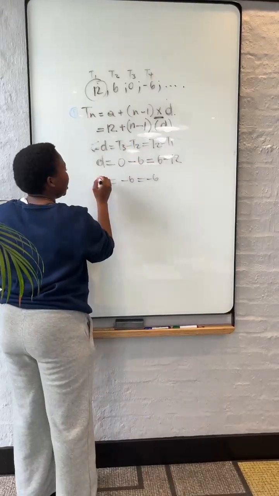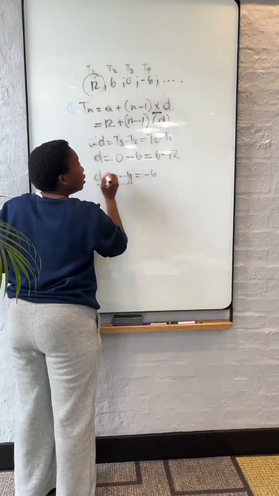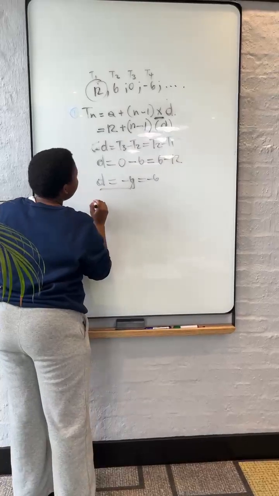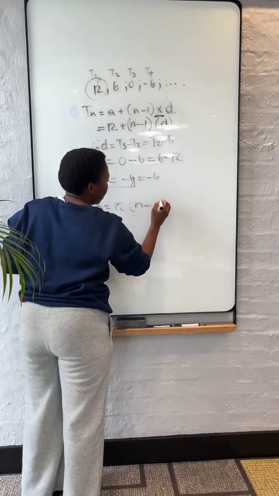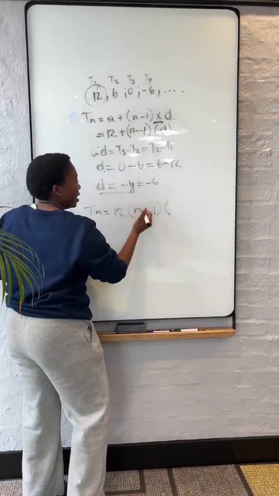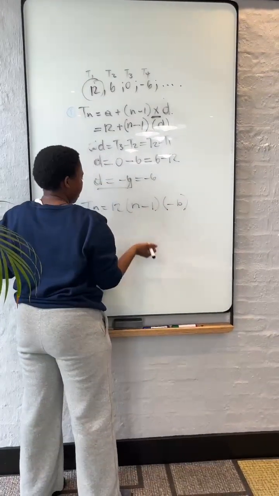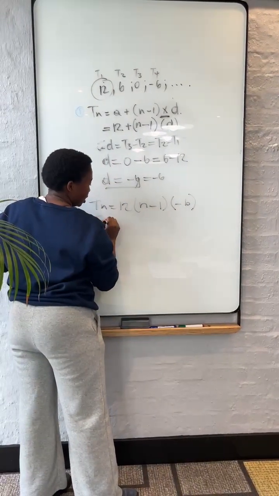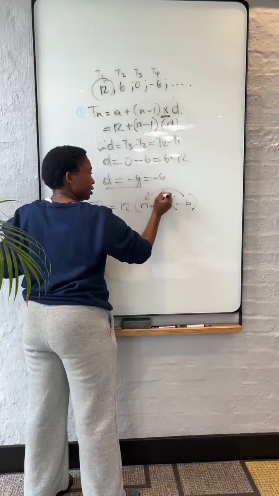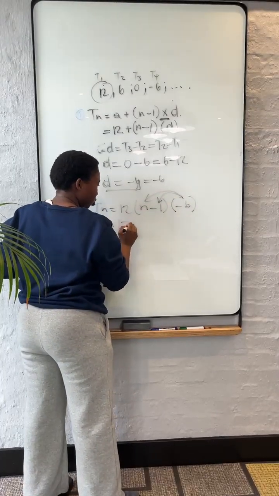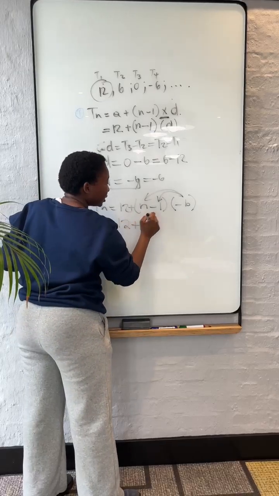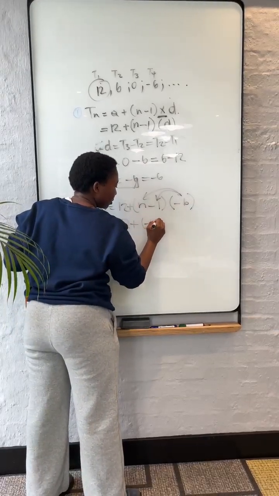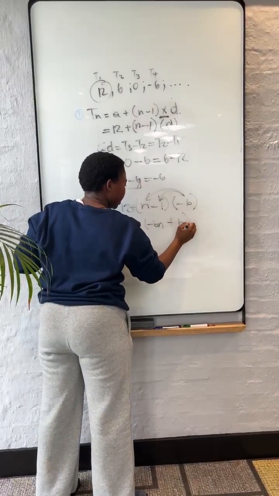Therefore, you take this D and substitute there. So it's going to be Tn is equal to 12 plus n minus 1 multiplied by -6. Then Tn is equal to, you take this and this inside, 12, oh, I forgot the addition sign, plus -6n +6.